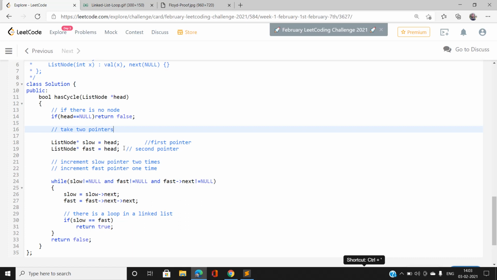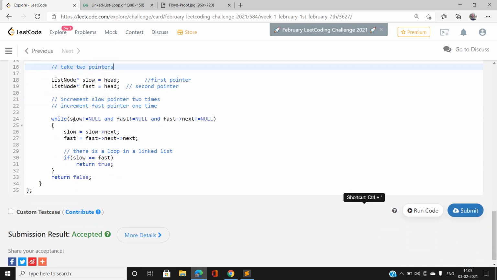What we are doing here is checking if slow is not null, fast is also not null, and fast next is also not null. We increment slow by one, and we increment fast by two, assigning it again to fast.